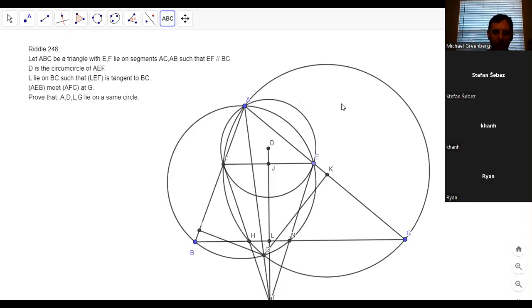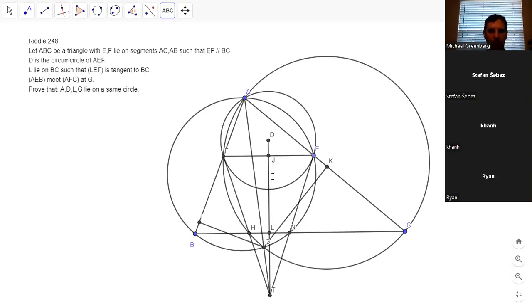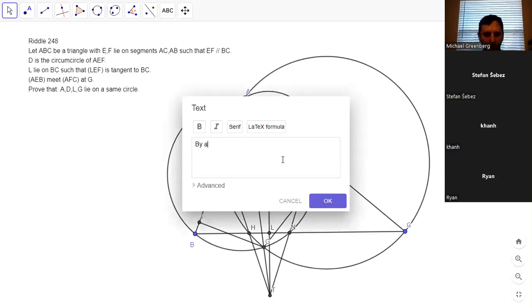Okay, so by an angle chase, GBF and GEC are similar.